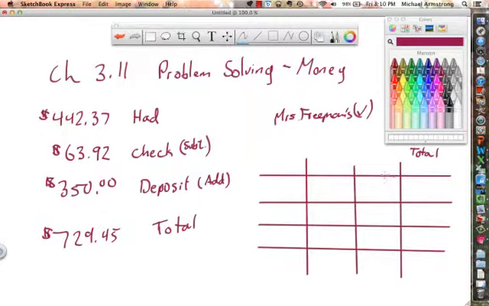And she has $442.37. Alright, so this is her total. And usually they will put deposits in this column, and withdrawals, that's what they call it, taking money out. So this is like the adding column, and this is like the subtracting column.